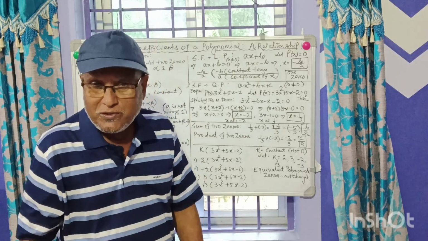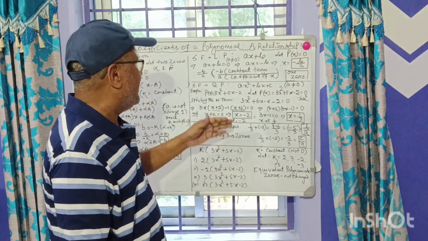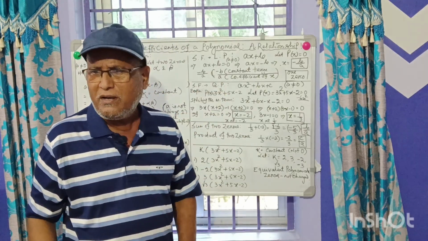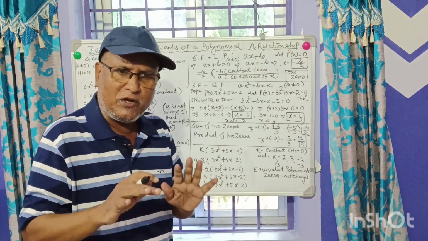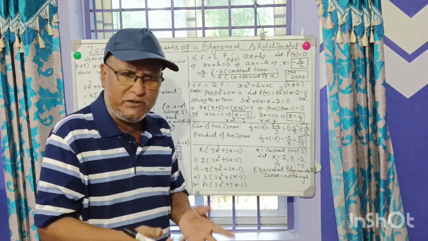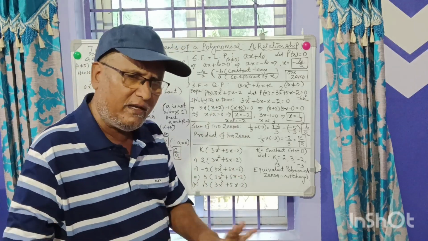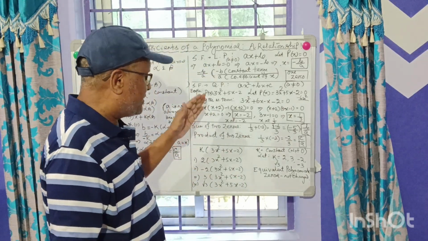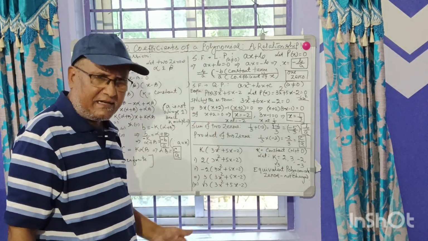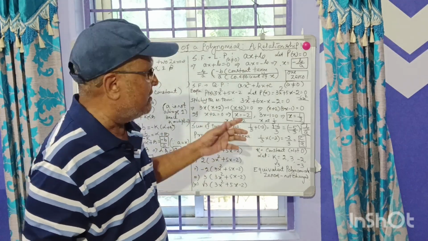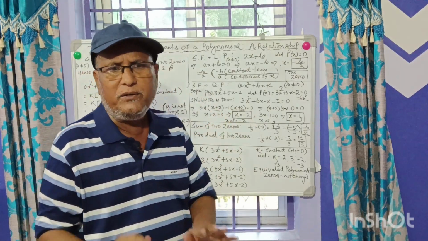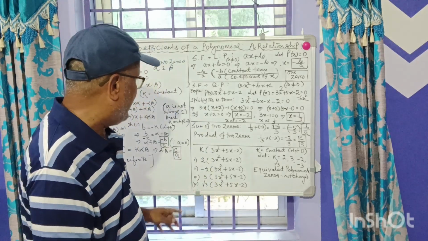So what do we conclude? In a quadratic polynomial, generally there are two zeros. But quadratic polynomials can also have only one zero or no zero, that we have already discussed. But in this class, we shall generally discuss a quadratic polynomial having two zeros.